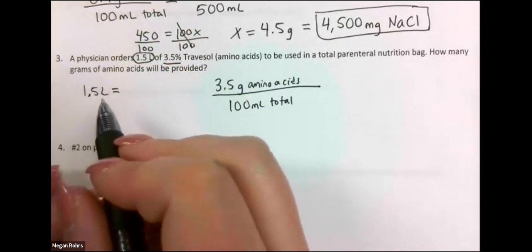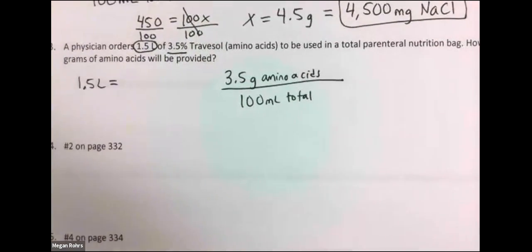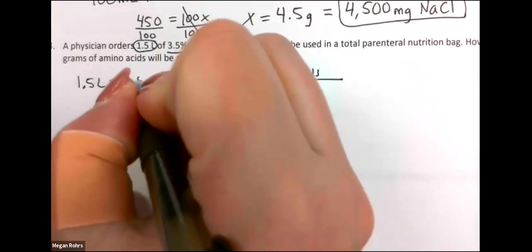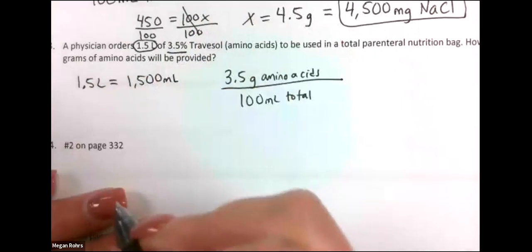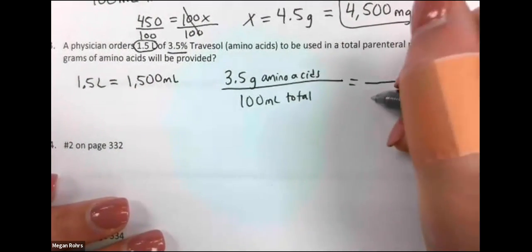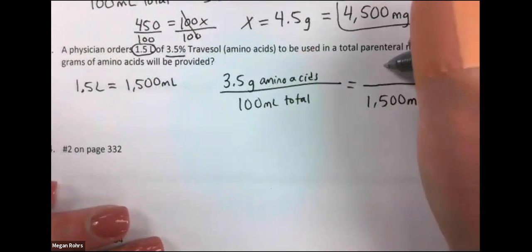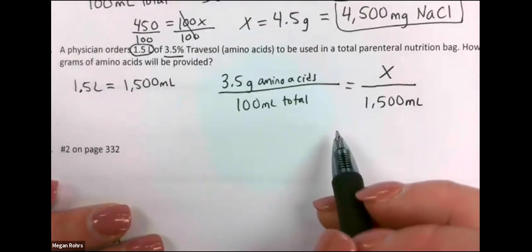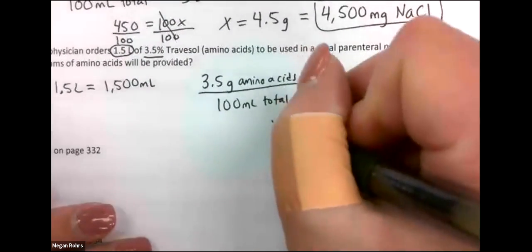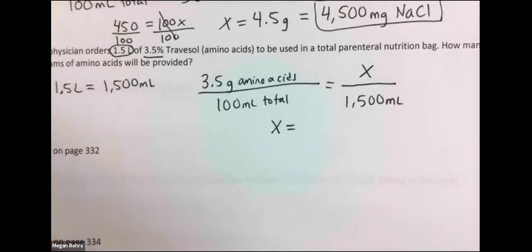We're going to multiply by 1,000 or move our decimal 3 places to the right. So 1.5 liters is 1,500 mils. So now we can set that equal to our total volume here and solve for x. So go ahead and solve for x on your own. And then I'd like you to write your answer down below.